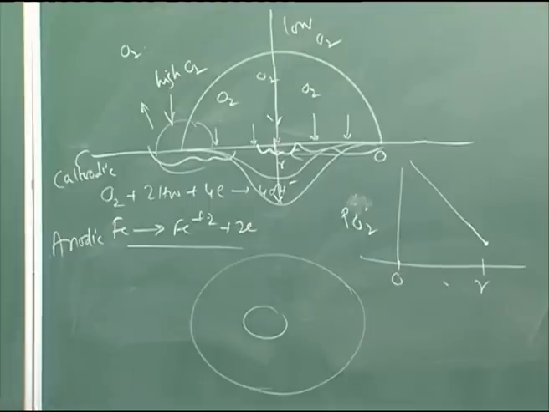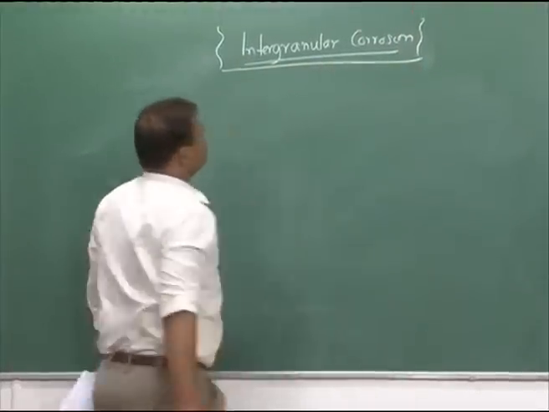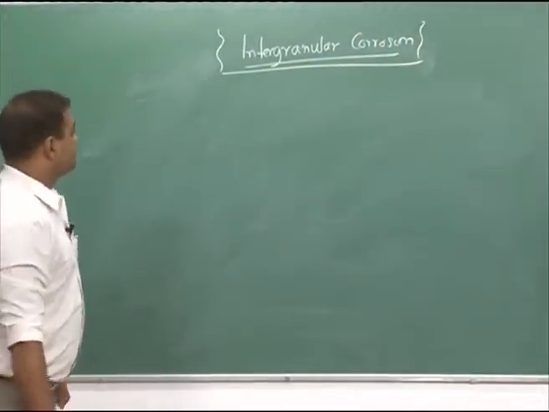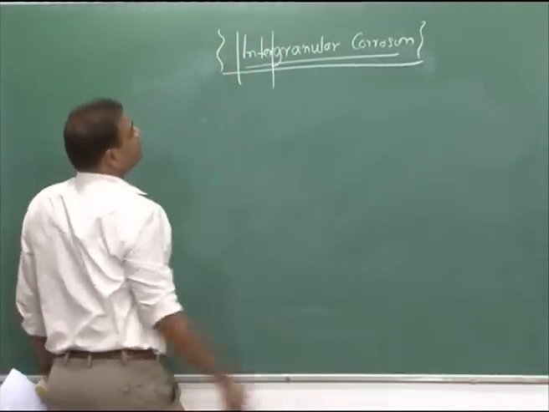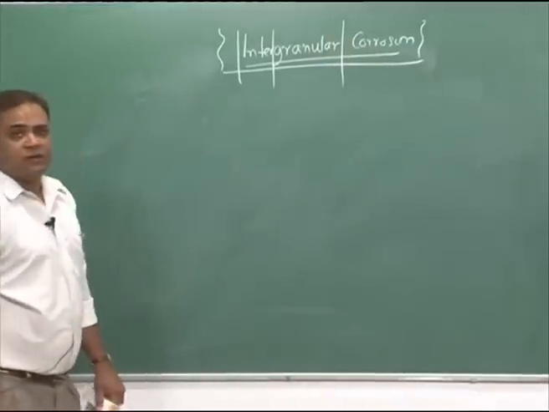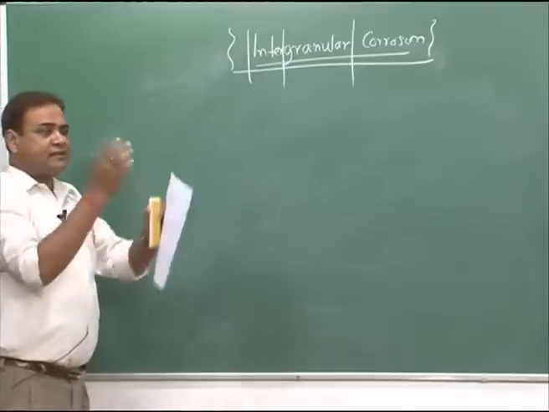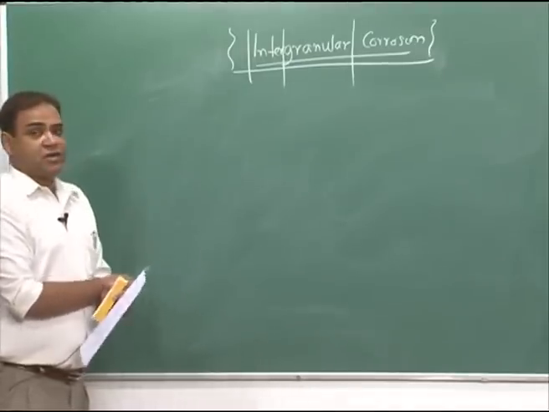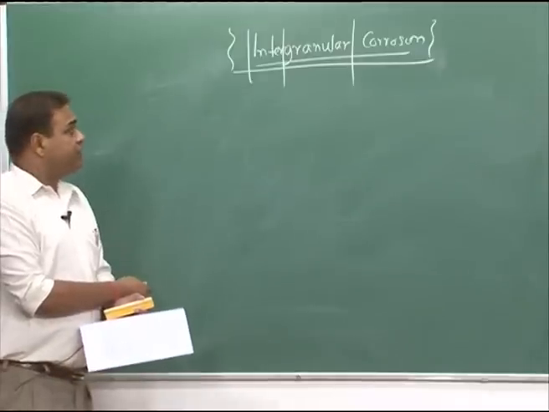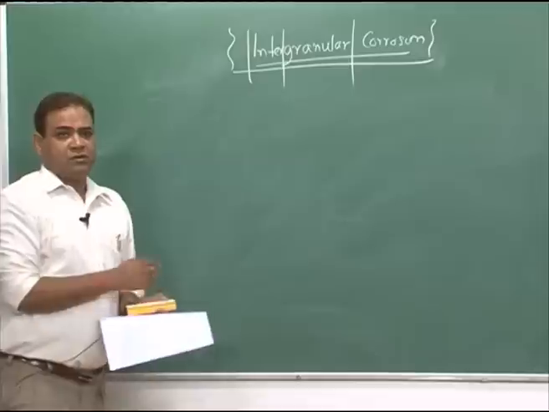Let us get into the form which is intergranular corrosion. Let us discuss intergranular corrosion. The name suggests intergranular, that means between the grains, or at the interface between two grains, the corrosion is happening. So, that is what the name intergranular corrosion means.